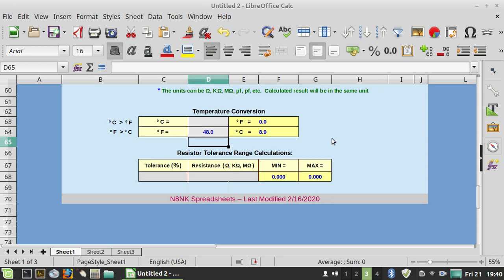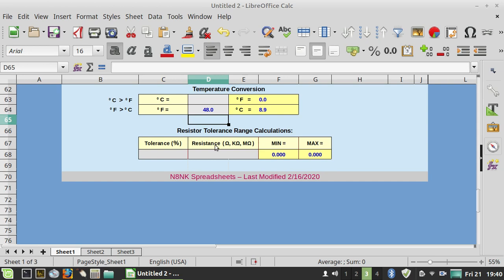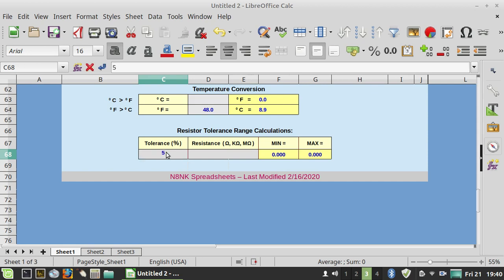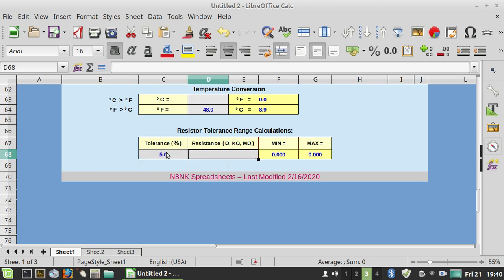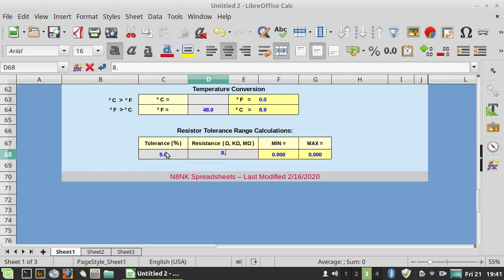I restore antique radios from time to time, and that's why I wrote this section into the spreadsheet. Resistor tolerance range calculate. What if I'm working on a VTVM, which I was, and it had 5% tolerance resistors on the band switch, which it did, and it had a strange value resistor, like 8.73K.